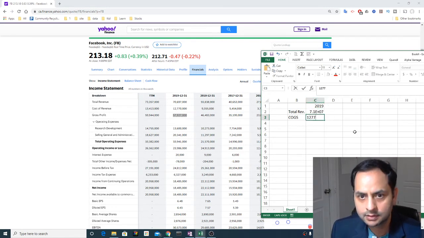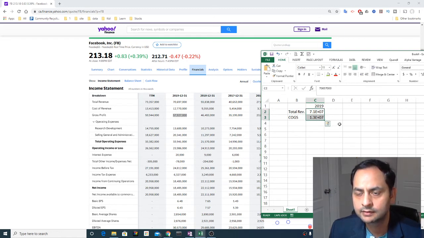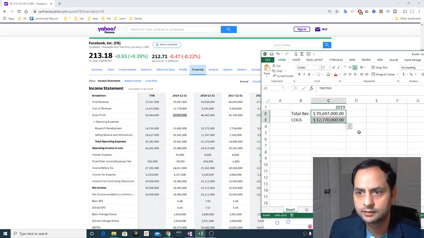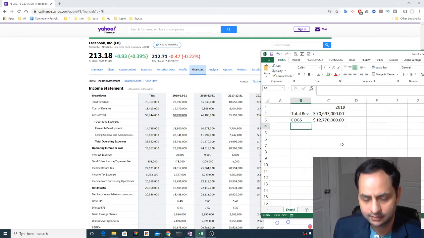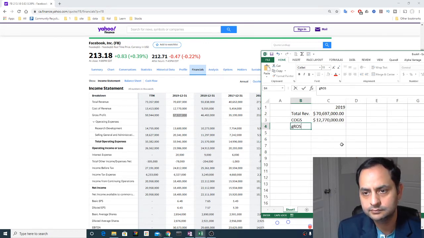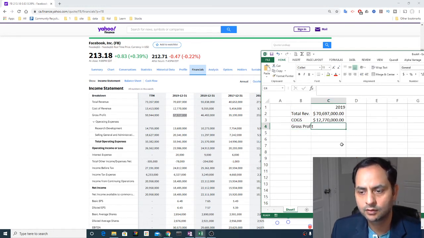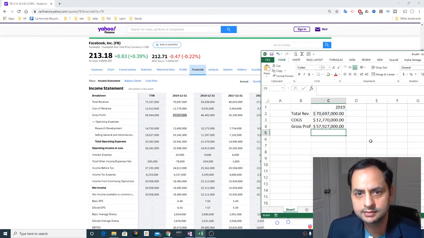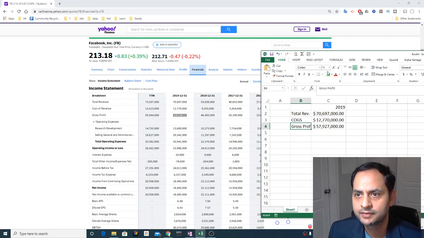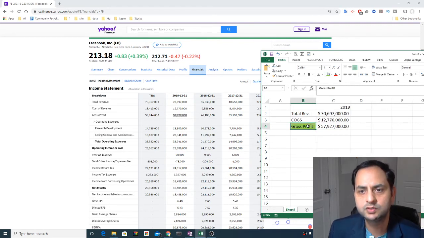Next is 12,770. Let me zoom a little bit. So this is the same. Now this is gross profit. If I do this minus this, it is exactly the same. This is one of the key elements which we notice.